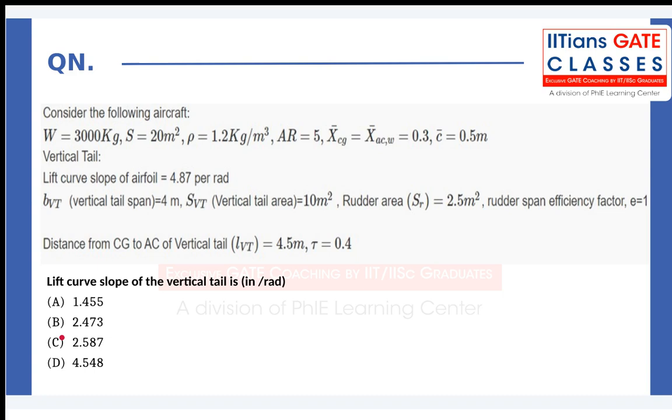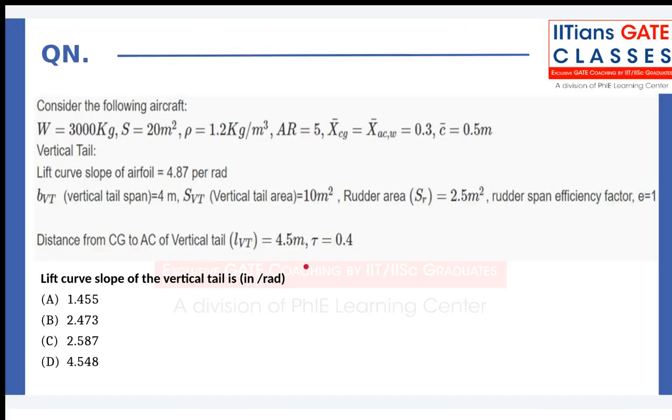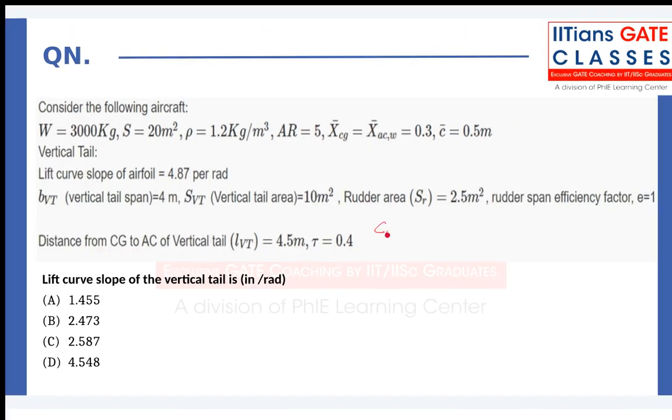Okay, I'll explain. It's the relationship between the 2D airfoil and the 3D wing. Let me just write down that equation. CL alpha 3D equals CL alpha 2D divided by 1 plus CL alpha 2D by pi E AR.